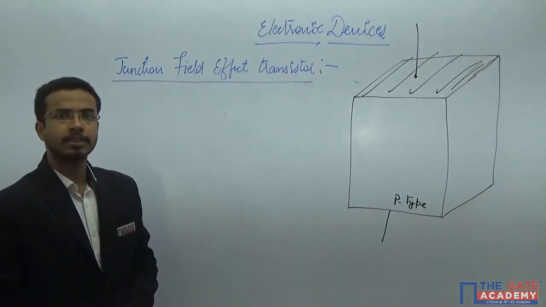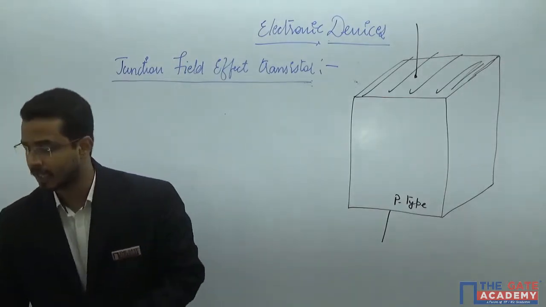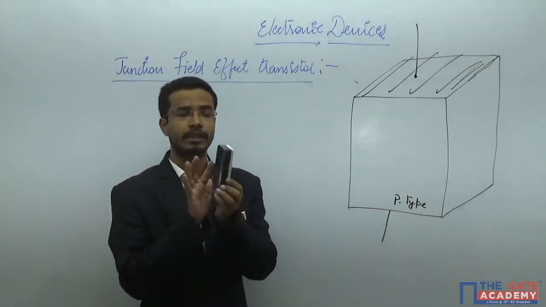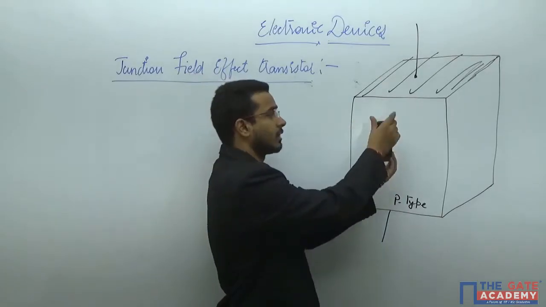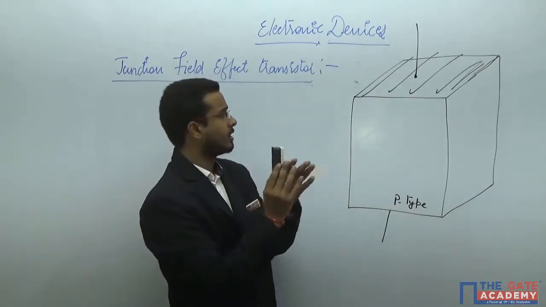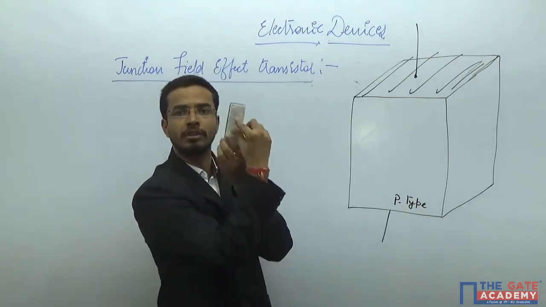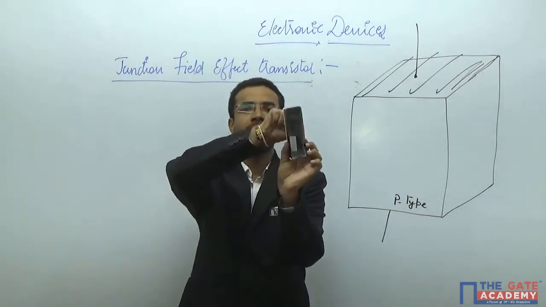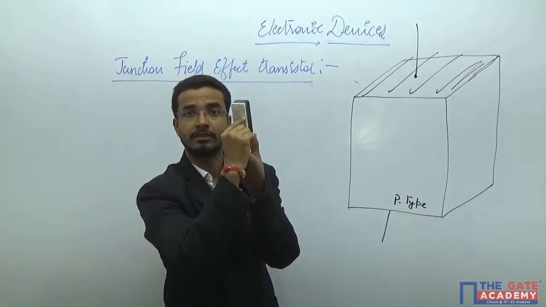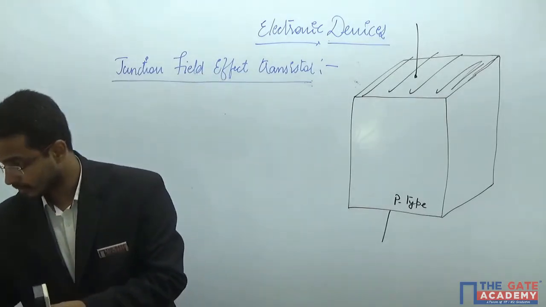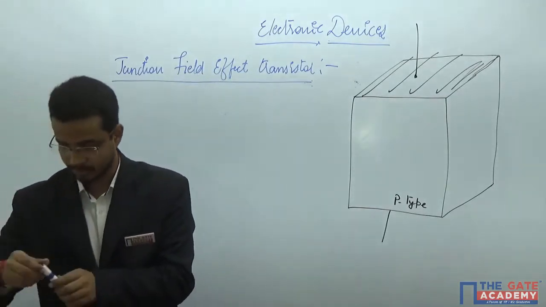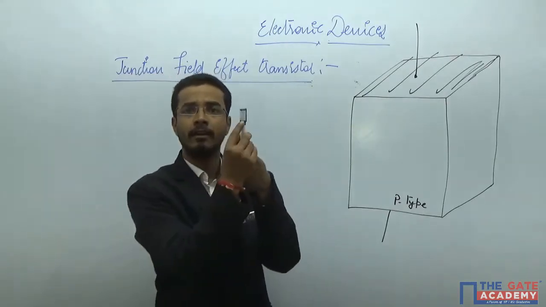And after this, you will dope with another type of impurity. If this block is the resistor, what will you do? You will try to cover this entire portion, the cross section of this, with another type of impurity. Are you able to see this ring?